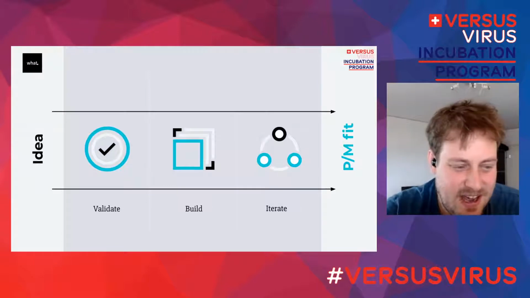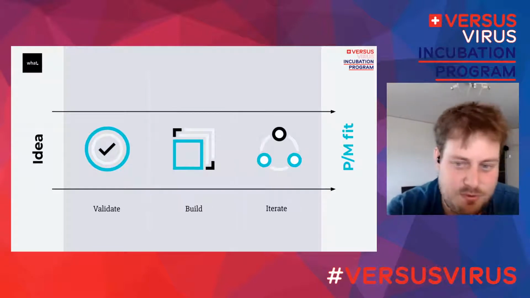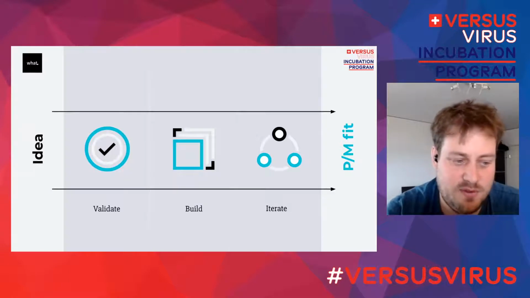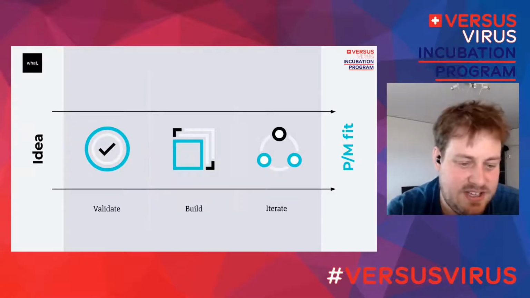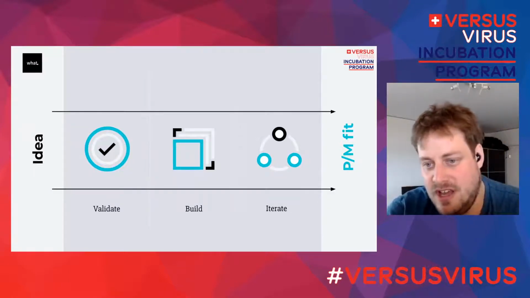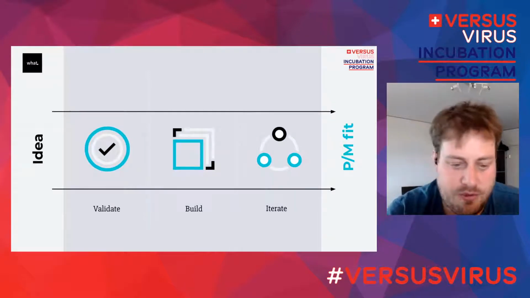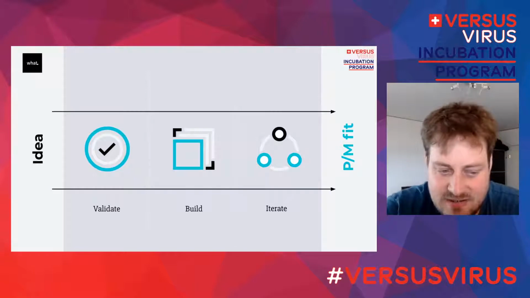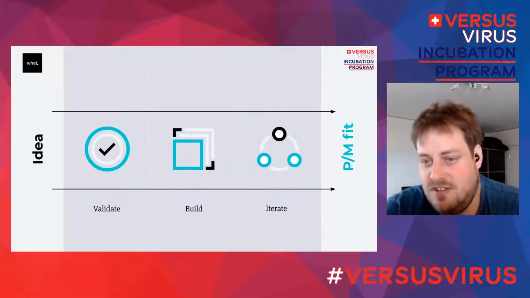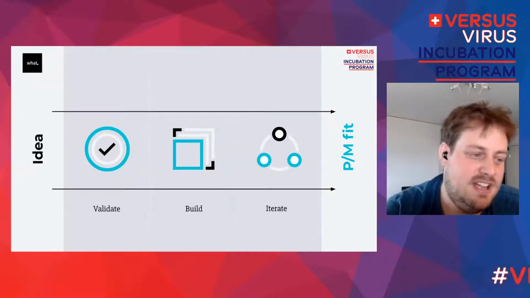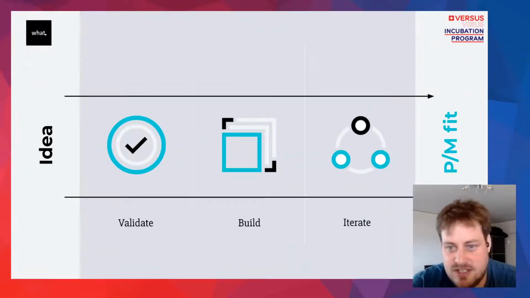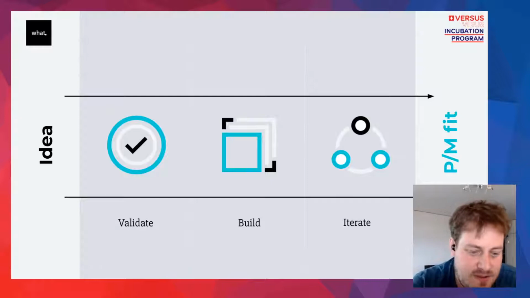Now, this in essence is the process that is about how you get from the initial idea to product market fit. So it goes through 3 stages. The first stage is that you need to validate an idea in the market by doing technical research and so on. Then there is the idea of building the MVP.